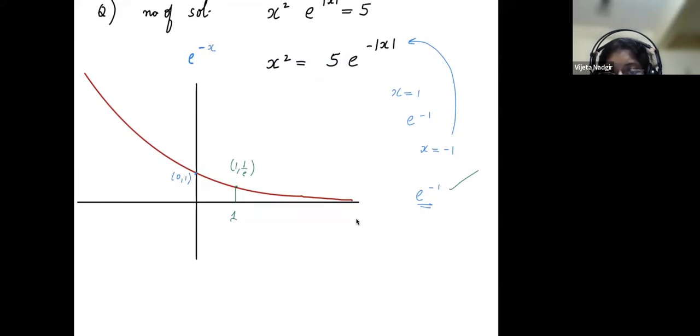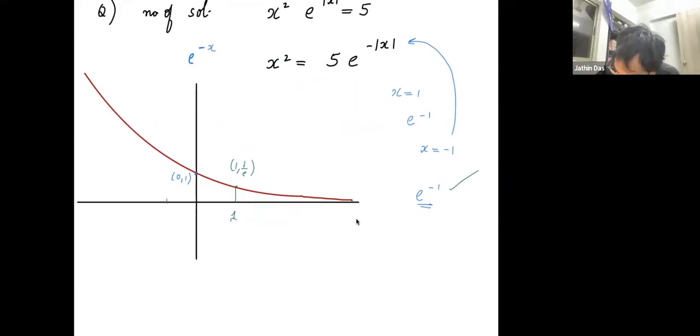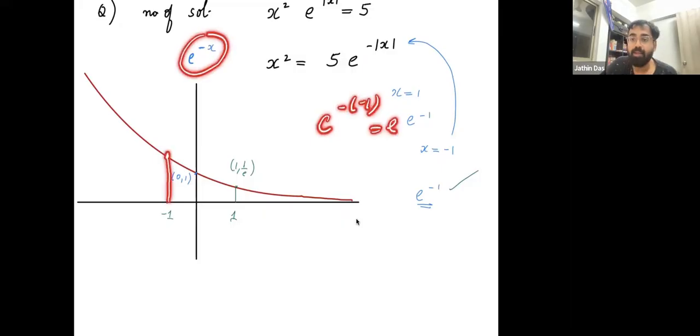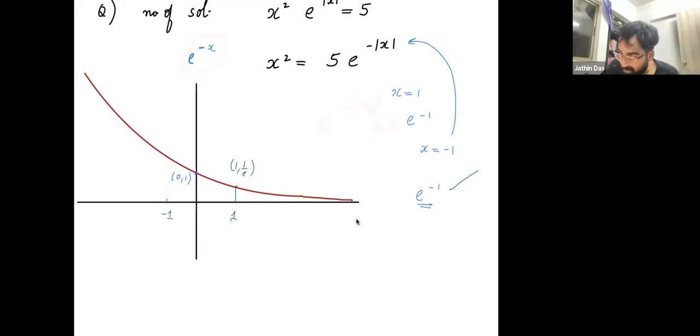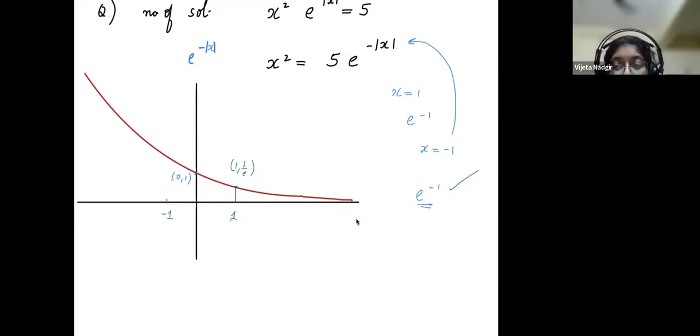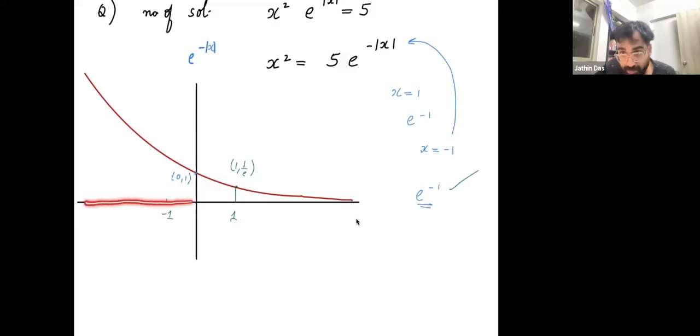Clear? Now in this curve, if I am putting x is equal to minus 1, what you're going to get? In the same curve, e raised to minus of minus 1, e आएगा. थोड़ा बड़ा value आएगा, देख. ऐसे आएगा. But I want mod. When I'm putting mod, all those negative values that I'm putting here, it will take only e raised to x direct.